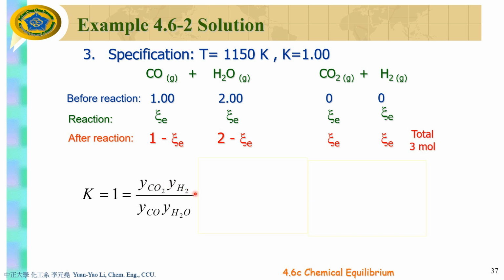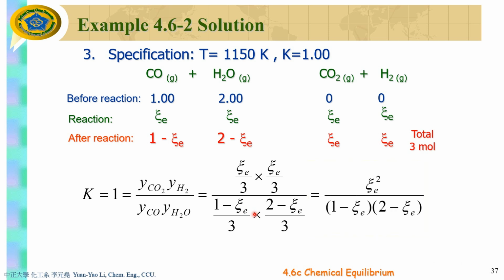You want to find out the fractions. CO2 is here, right? So X_E divided by 3 times X_E divided by 3, divided by the fraction of CO times the fraction of H2O. And this is equal to 1.